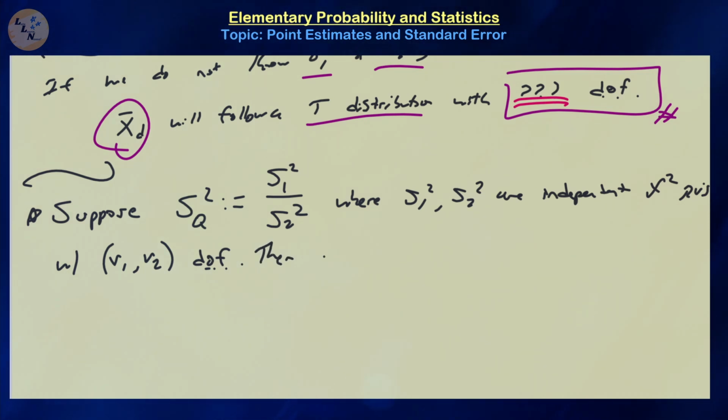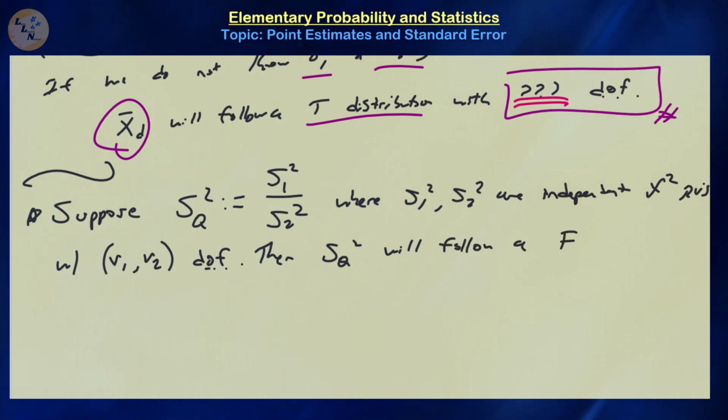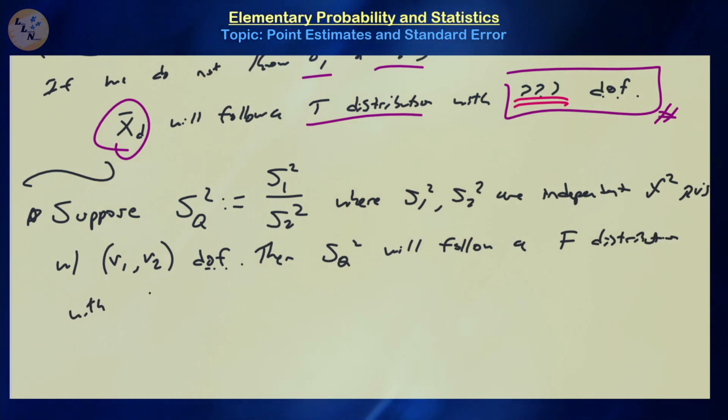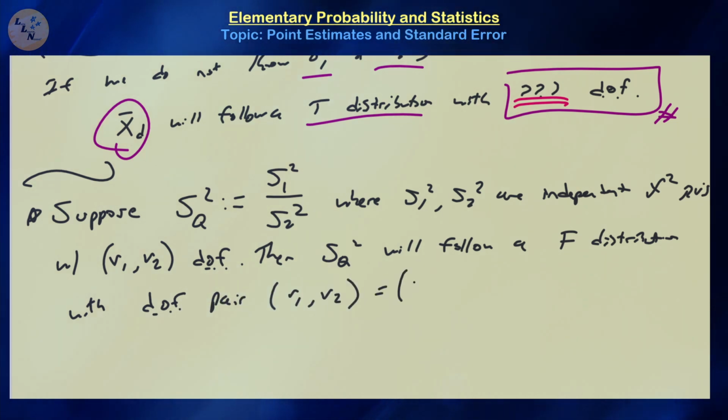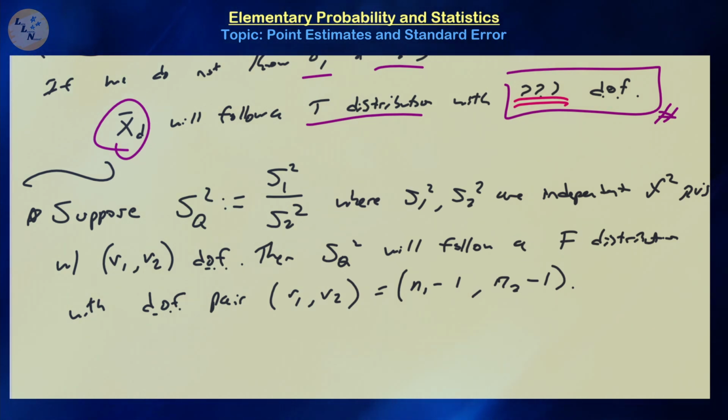Then the distribution of SQ squared will be an F distribution with degrees of freedom pair v1, v2, which is going to be equal to n1 minus 1, n2 minus 1. Okay, so if we want to test whether the variances between populations are the same or very different, we would be using an F distribution here. And keep in mind, this is independent of what the means are, so we don't have to consider, is there a t distribution version of the F distribution? No, we don't need to assume that.